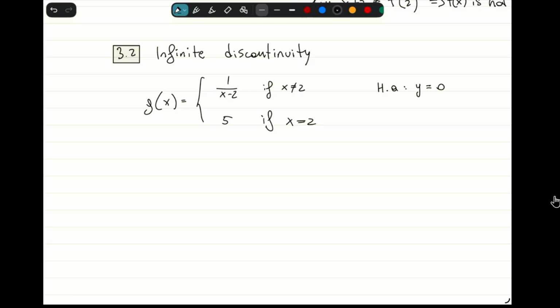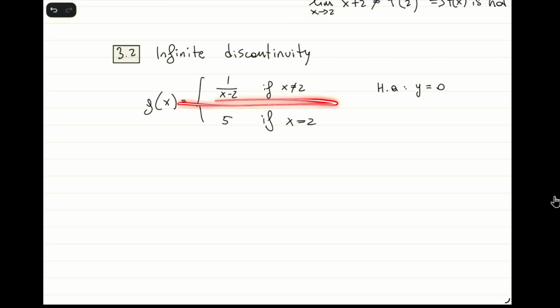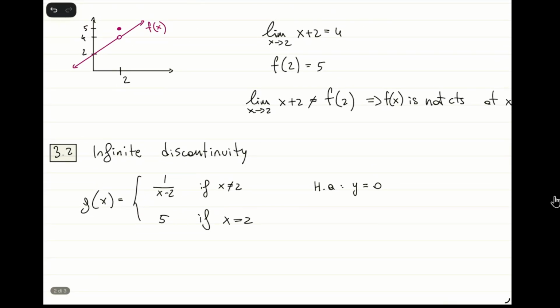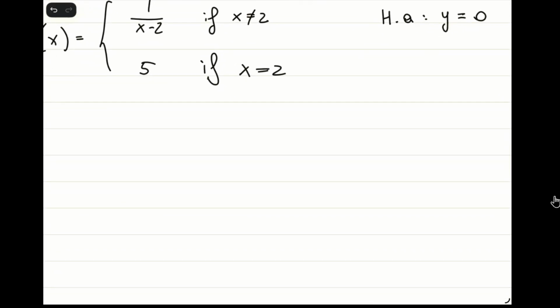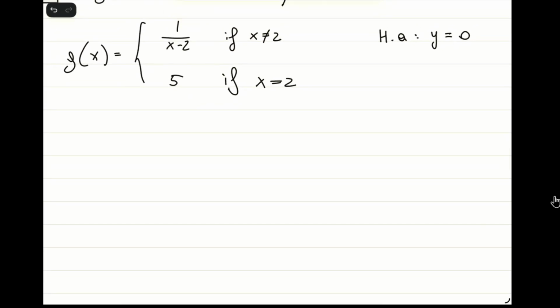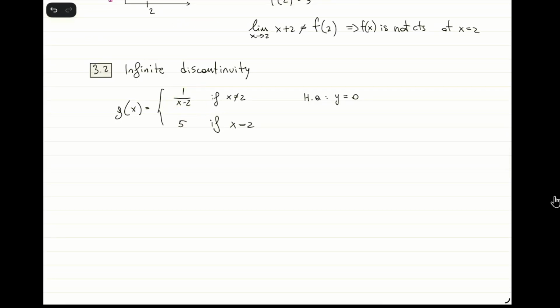In this case, what we do is we analyze this part here. Why? Because we can't really say anything about this. We just know at x equals 2, we're gonna have 5, just as we had it up here. There's not really any difference. So let's analyze this piece of the function here.